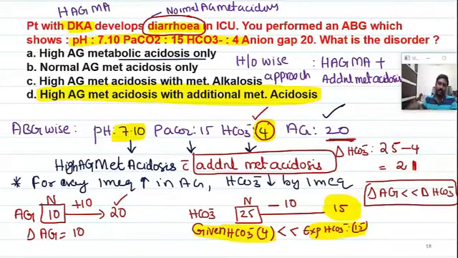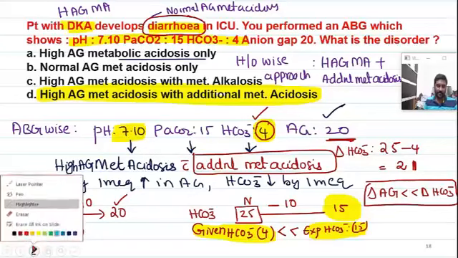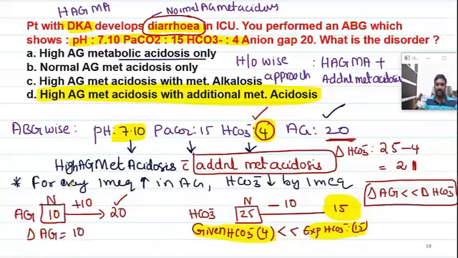So why will bicarbonate decrease excessively when there is some other additional disorder which is bringing the bicarbonate down? If you find this relationship, if delta anion gap is very much less than delta bicarbonate in a given question, there is probability of additional metabolic acidosis. As I told you earlier, you can use the history-wise approach and ABG-wise approach, and that is very easy.